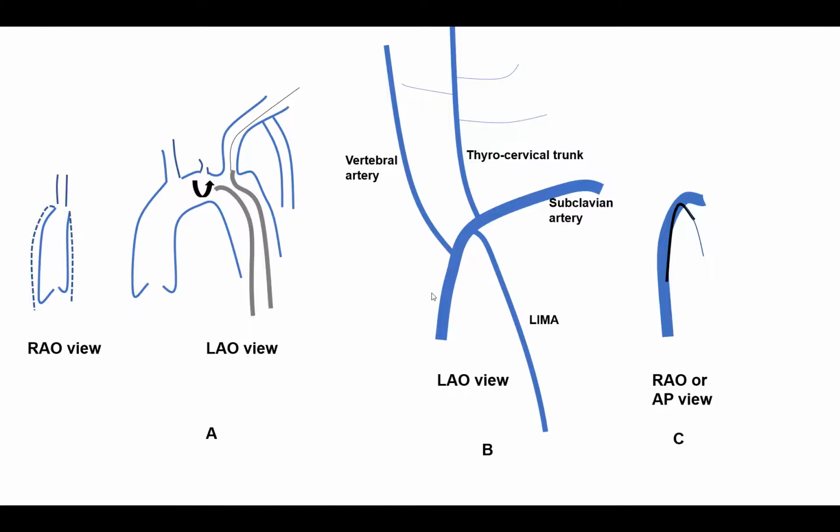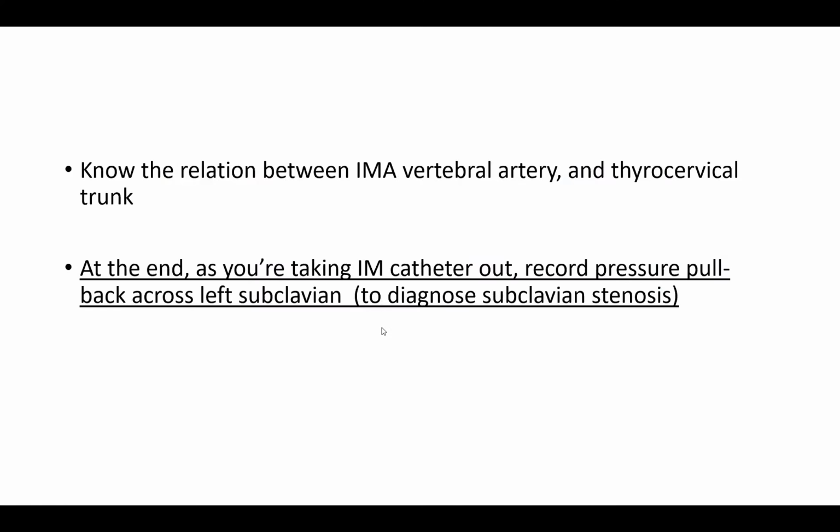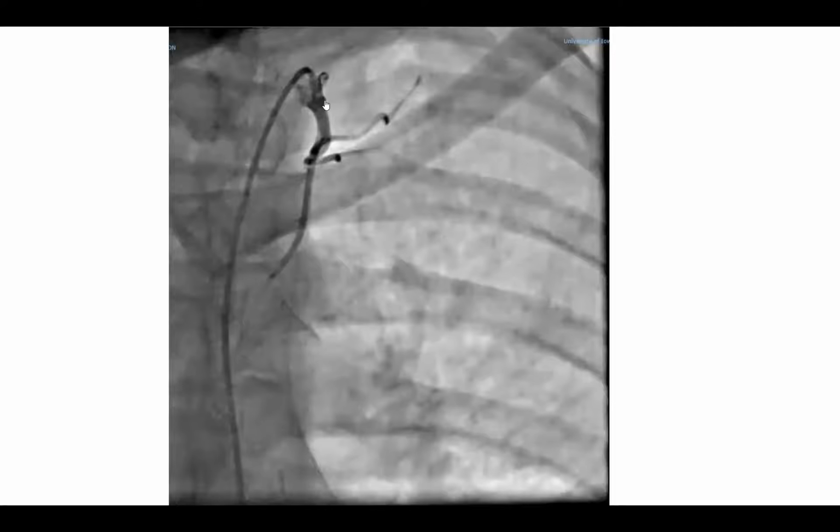In those cases, it is okay to take non-selective shots of the LIMA. The LIMA ostium is easy to dissect, so you don't want to pursue when it's hard. If you're close to it, take a non-selective shot. What we do in those cases is inflate the blood pressure cuff over the left arm of the patient. When it's above the systolic pressure, at its peak, then we do our non-selective image.